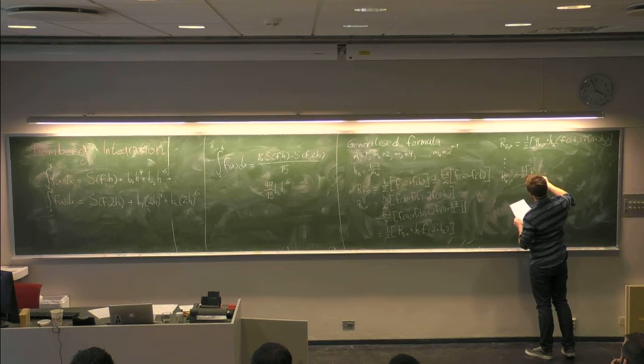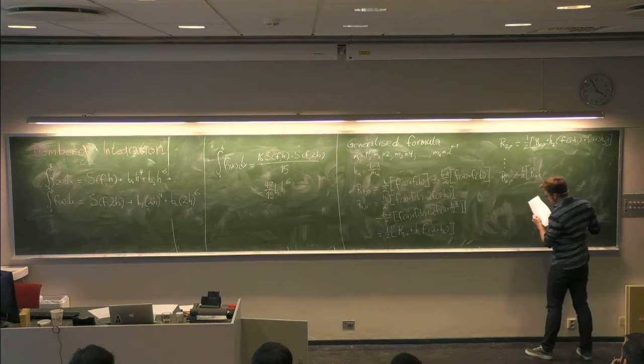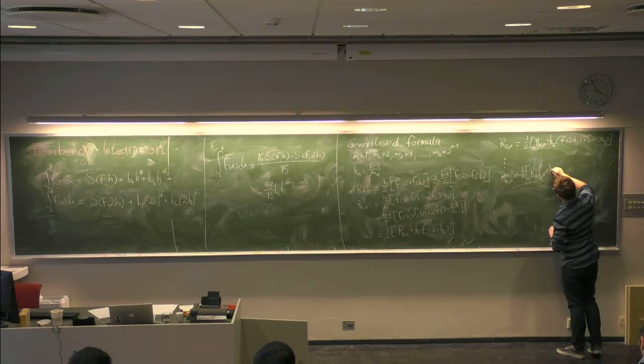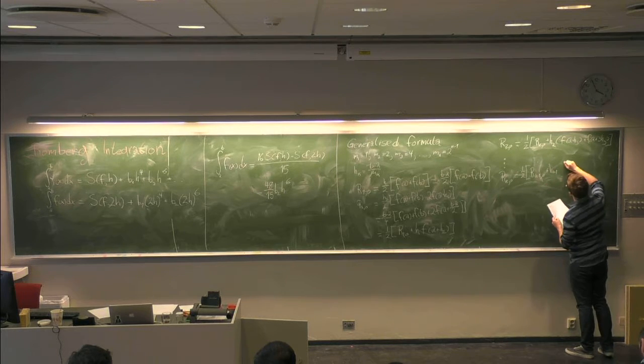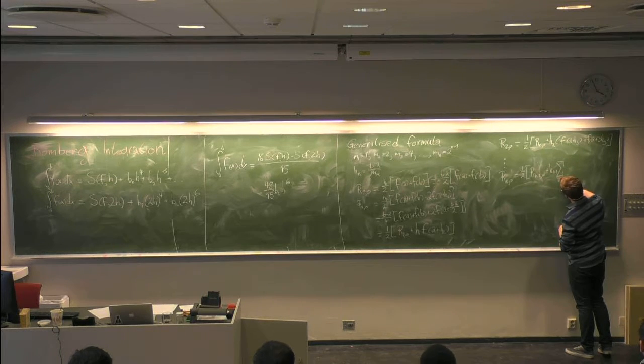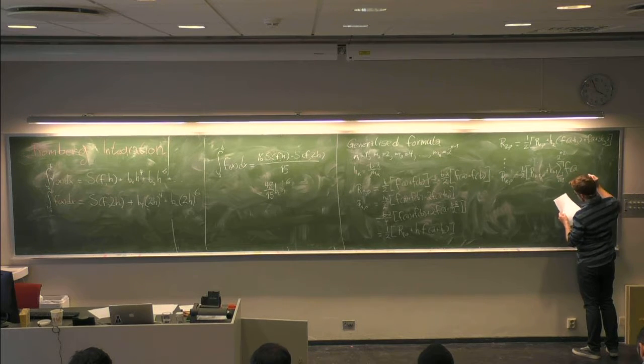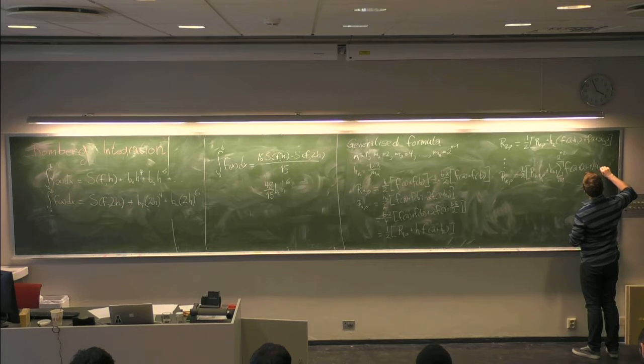R_k,0 equals 1/2 R_(k-1),0 plus h_(k-1) times the sum over i equals 1 to 2^(k-2) of f(a plus (2i minus 1) h_k).